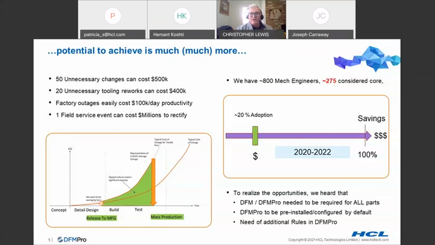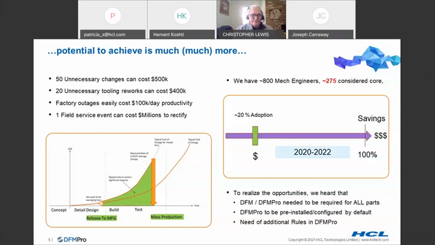We've been doing this a while, and we've got a new strategy to try and get there. So again, just to repeat, the opportunities are just bonkers huge once you get to manufacturing. Just the engineering productivity, we believe, could easily justify DFMPro. I think Joe was alluding to that as well.